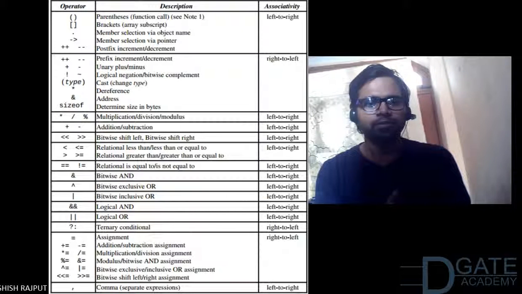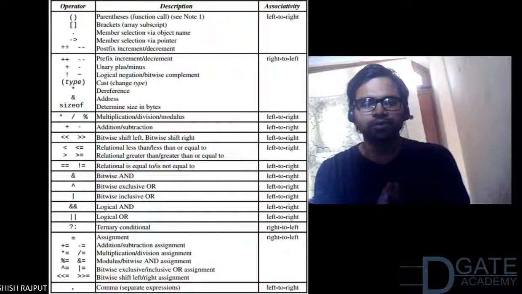At the bottom will be the comma operator. This table is very important. In the last lecture I covered it; I will give some ideas on how to remember this table.